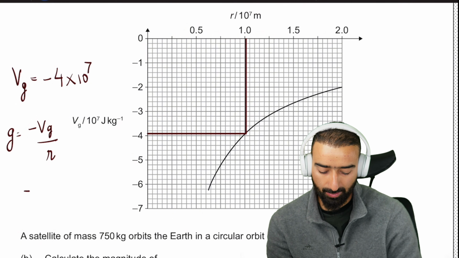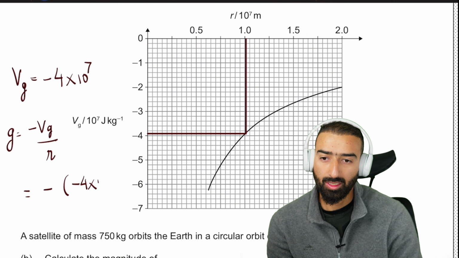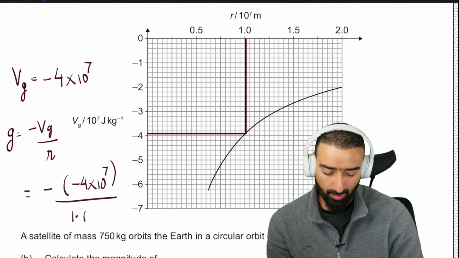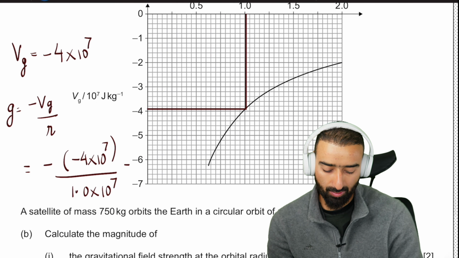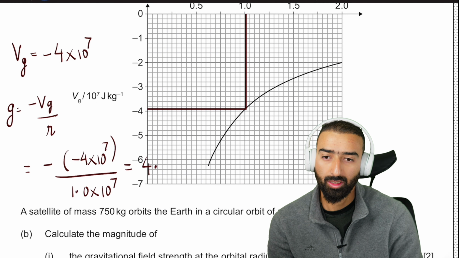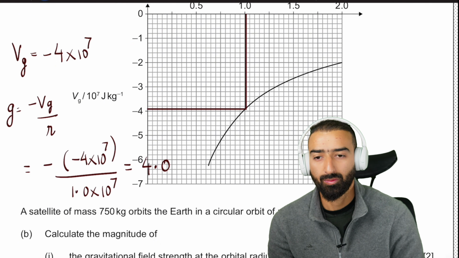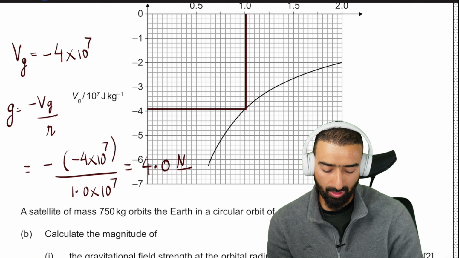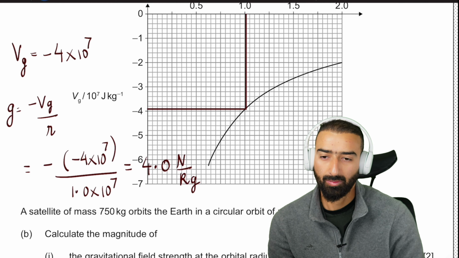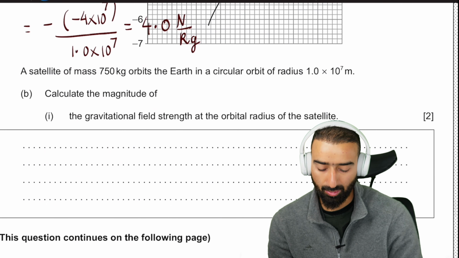So we can just substitute the values. Minus Vg is 4 into 10 to the 7, and r is 1.0 into 10 to the 7. That gives us a value of 4.0, and the unit is newton per kilogram. All right, that solves this part of the problem.